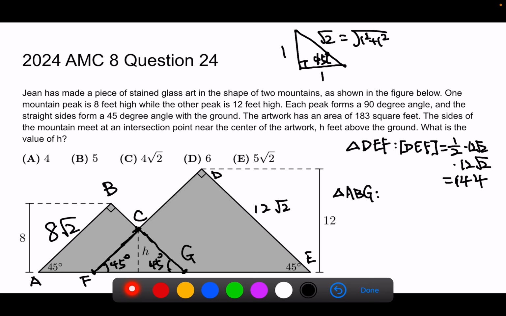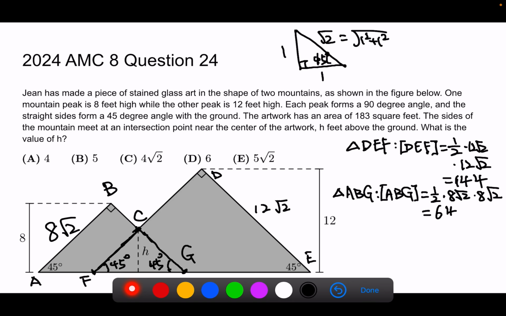And in that sense, the area of ABG is going to be a half times 8 root 2 times 8 root 2. So it's going to be 64.